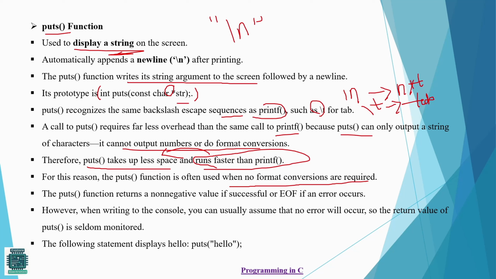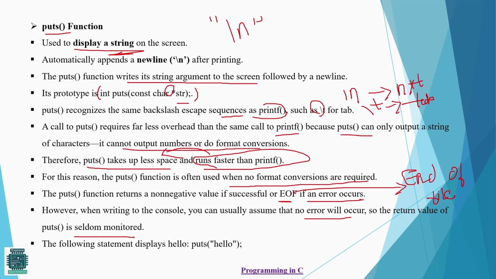The puts function returns a non-negative value if successful, or EOF, that is, end of file, if an error occurs. However, when writing strings to the console, you can usually assume that no error will occur, so the return value of puts is seldom monitored.